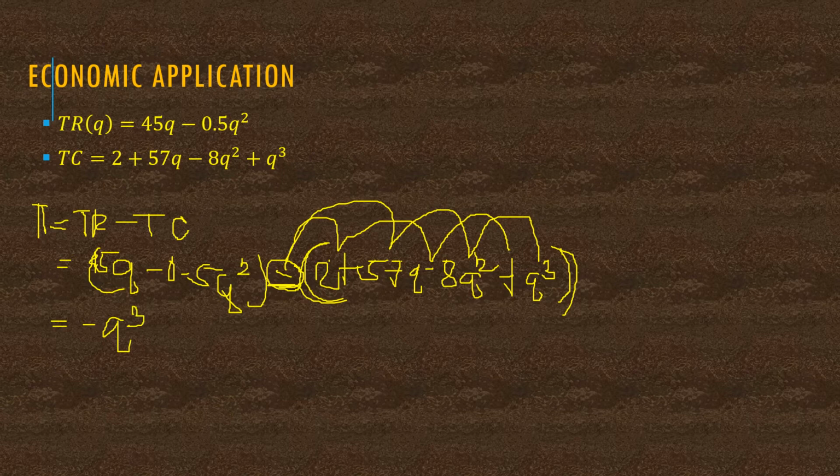This one is 0.5 Q squared, minus, plus the 8Q squared. So, that means we have 7.5, sorry, I could not write properly.